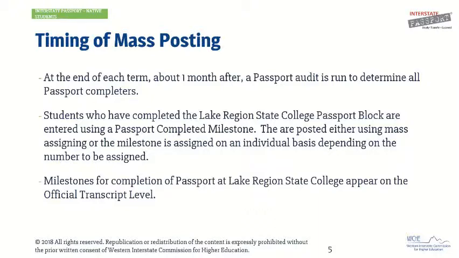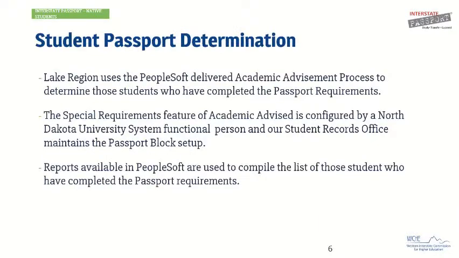How we determine which students are eligible is that we've used basically a variation of the academic advisement process to determine which ones met the block requirements. We had help from our system office, the business analyst there, as far as implementing it.